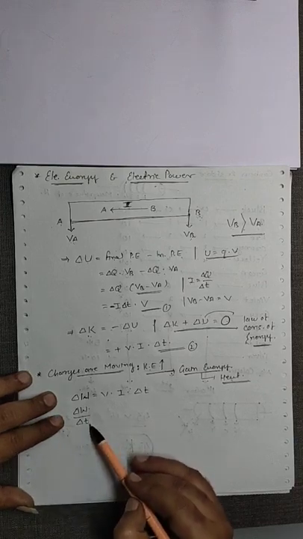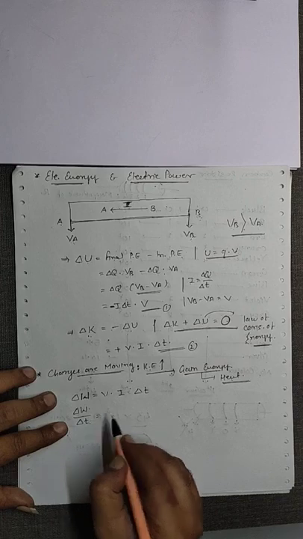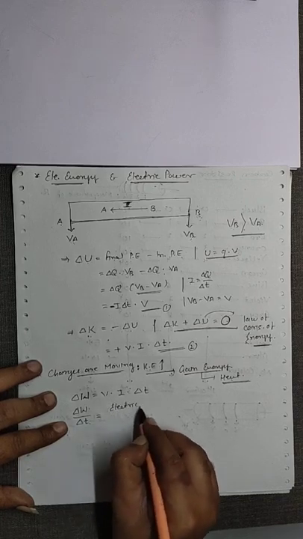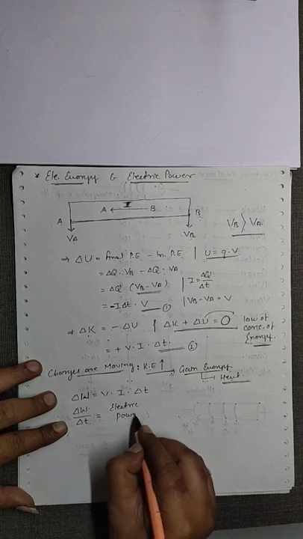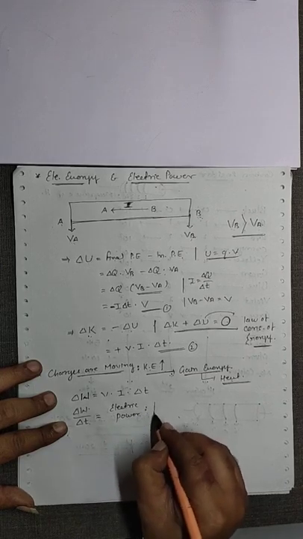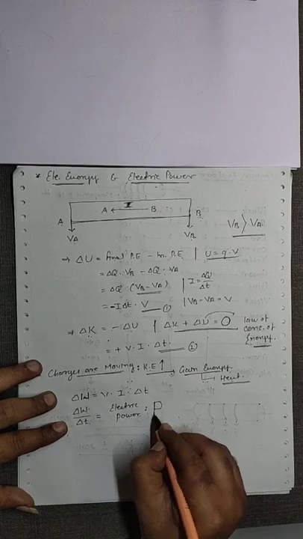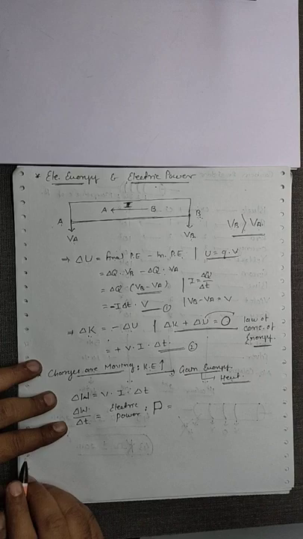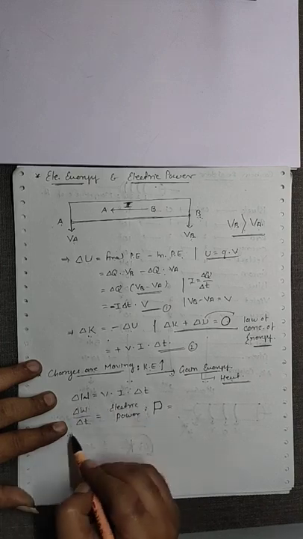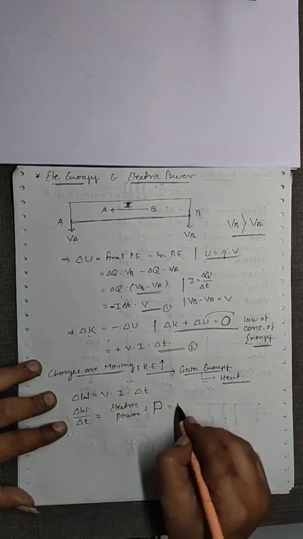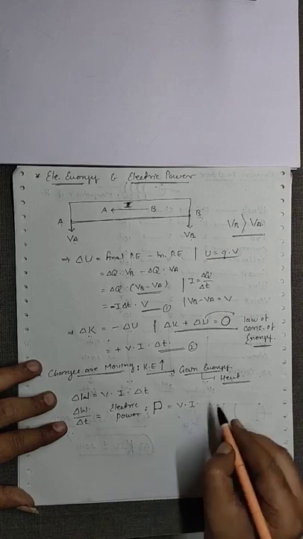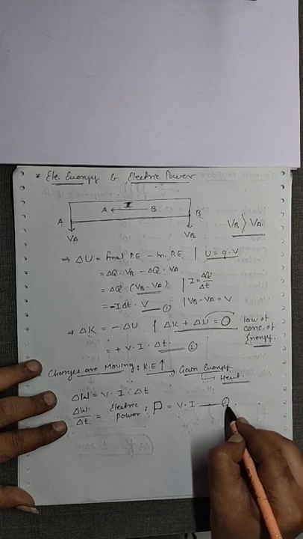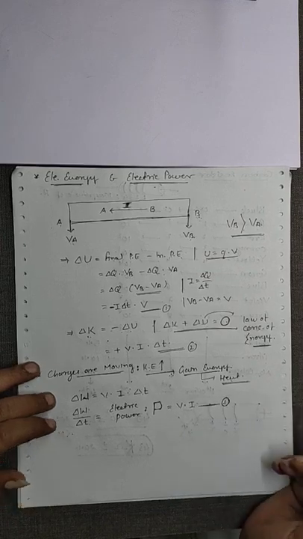Heat loss per unit time, which is known as electric power, symbolized as capital P. It is given by delta W by delta T, which is V multiplied by I. So this is the first equation of electric power.